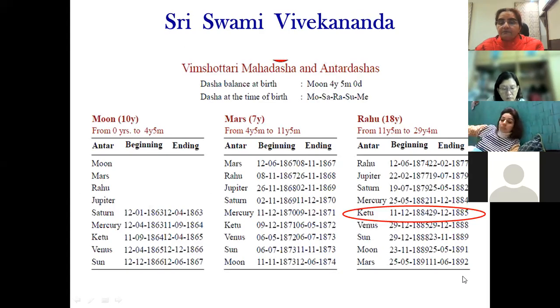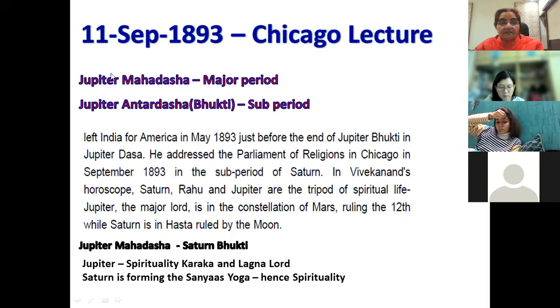Then after the Rahu Dasha got over, the Jupiter Dasha came, and he gave his lecture in the Jupiter Dasha. Jupiter is the Lagna Lord. Jupiter is the planet of spirituality. Remember, in my initial slides I said Venus is for materialistic pleasure and Jupiter is for spiritual pleasure.